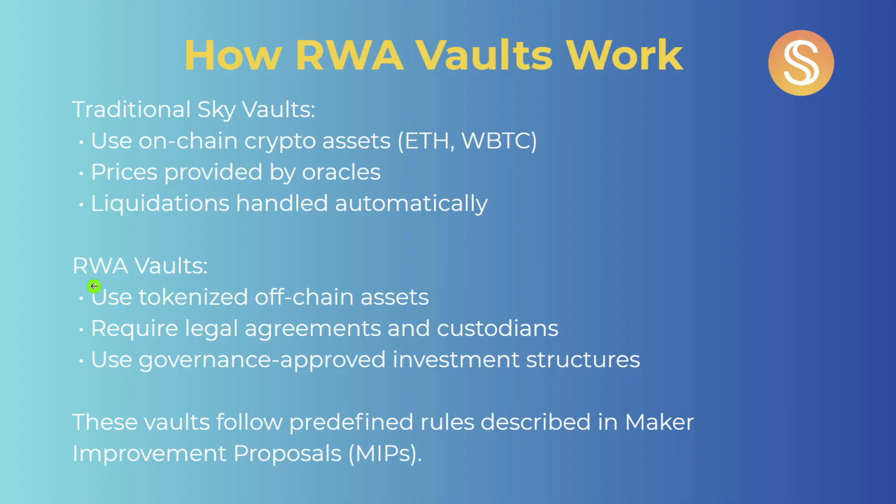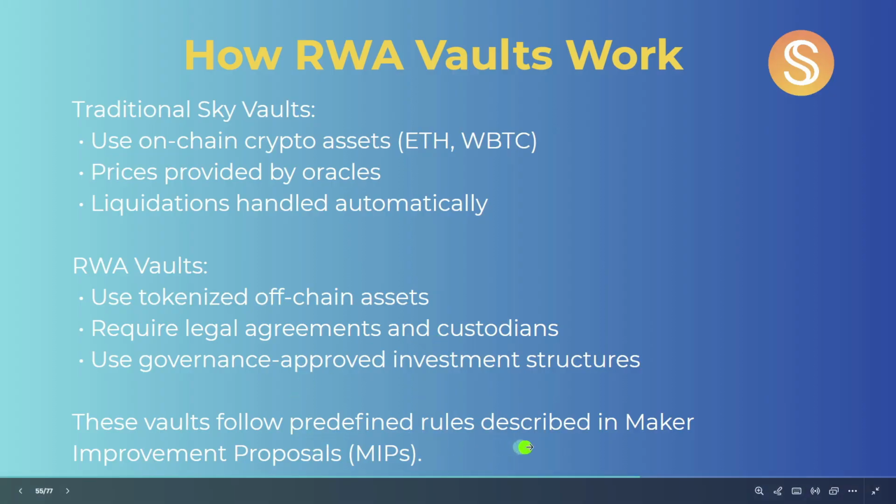In the case of RWA vaults, they use tokenized off-chain assets and require legal agreements and custodians because, of course, there must be a third party that gives us the approval to say that we can use, for example, real estate or a T-bill as collateral. They use a governance approved investment structure, and these vaults follow predefined rules described in the Maker Improvement Proposals or MIPs.